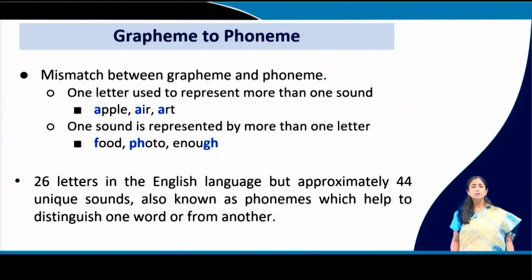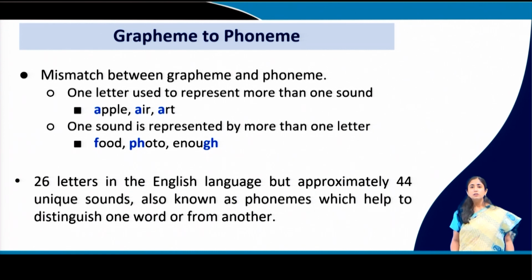But when you pronounce them, you can easily understand the pronunciations are different from each other. In one I am saying apple, so it is clearly one vowel. In the other I am saying air, and the third one is art.